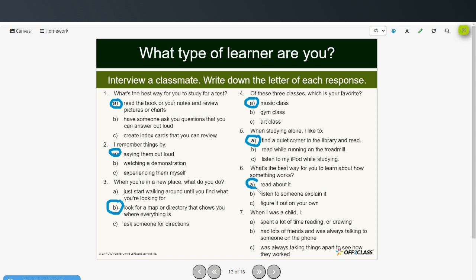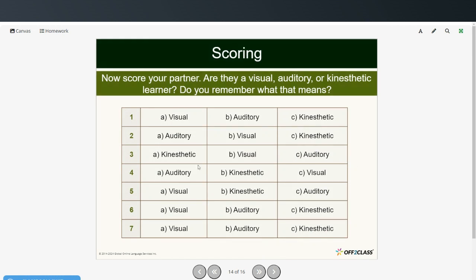I would say to read about it. And when I was a child, I spent a lot of time reading and drawing. So all of my answers were A, except number 3, which was B.